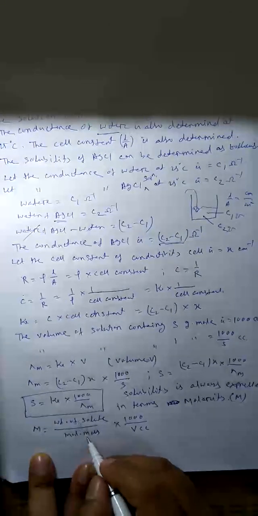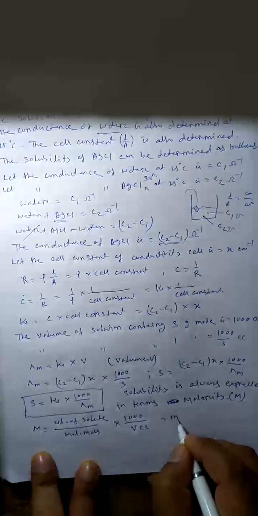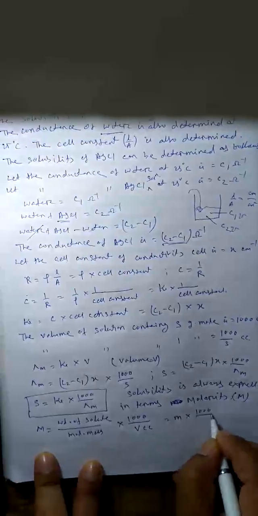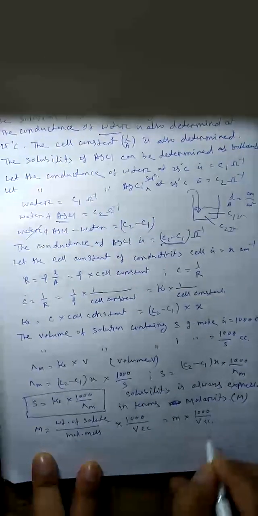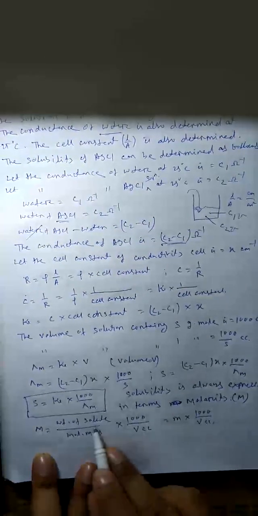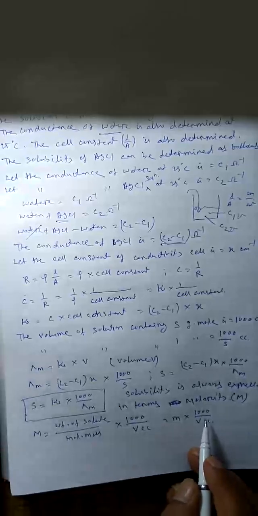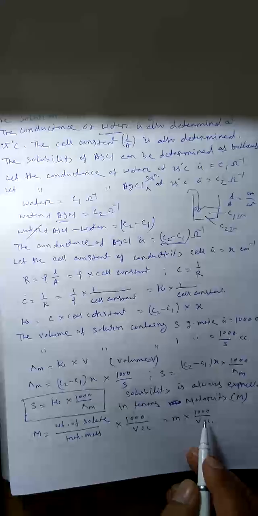Weight of solute by molecular mass is the number of moles, so molarity is the number of moles into 1000 by volume in cc. The volume is equal to 1000 by M. In this way also you can find the value.